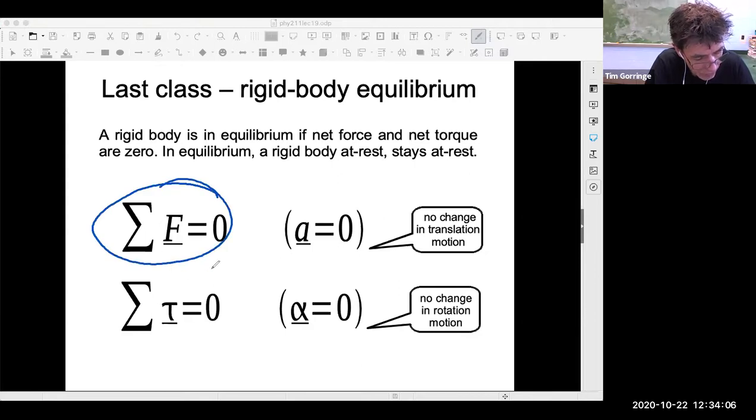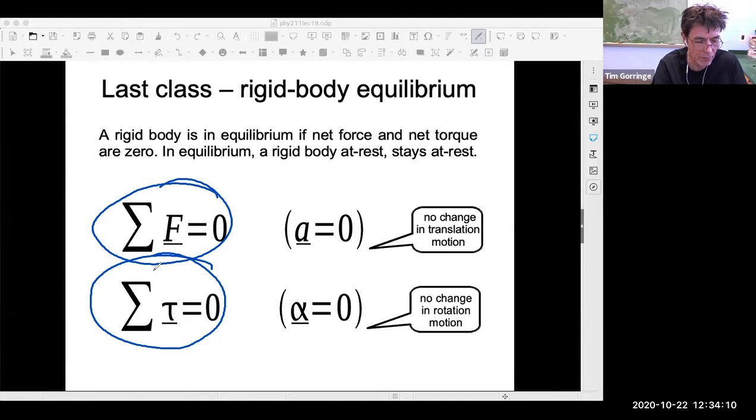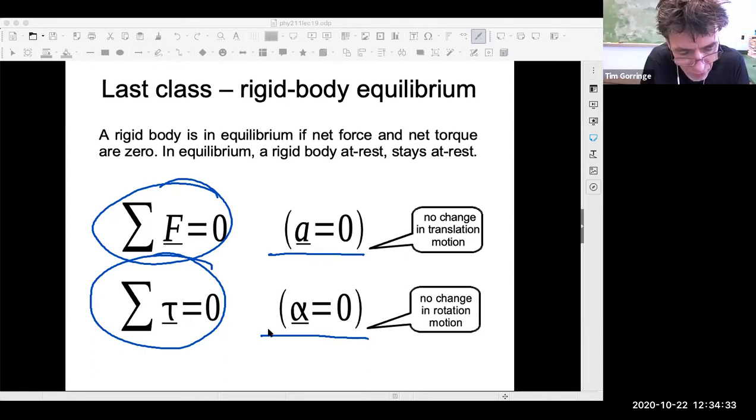And so these two conditions are rigid body equilibrium. If there are no forces acting on the rigid body, then there's no acceleration of the rigid body. For example, if it's at rest, it will stay at rest. If there's no net torque acting on the rigid body, there's no angular acceleration. And if it's at rest, it will again stay at rest. So that's rigid body equilibrium.